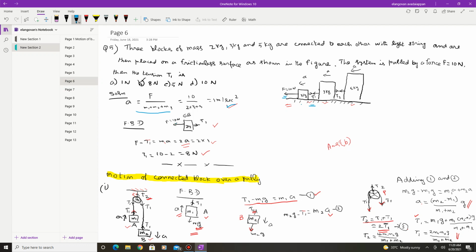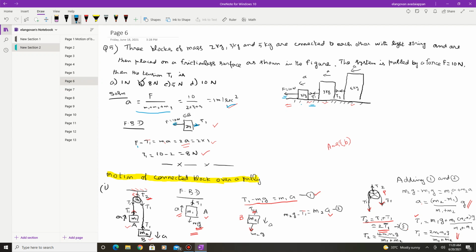This is F, and this is the tension T1 acting on the string, from the first block of mass 2 to the next block. Now the equation of motion: F must be larger, then only it will move along the direction of the force. Therefore F must be larger.